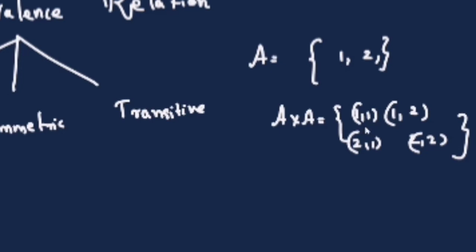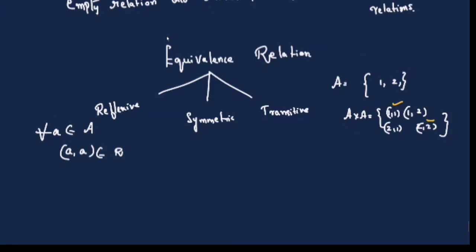Is it there in this? Yes. 2, 2, is it there? Yes. So for every element you have to check. Is 1, 1 there? Yes. 2, 2 there? Yes. Then we say the relation is reflexive. For all a belonging to A, (a, a) belongs to R, then we say the relation is reflexive. So this is reflexive. Now what is symmetric?